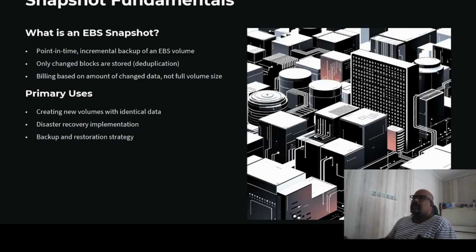Now, in the case of incremental backup, what is meant by incremental backup? If you have already taken the snapshot at time t1, and later you take the snapshot at time t2, whatever different amount of data we have stored in the EBS volume in between is called incremental backup.